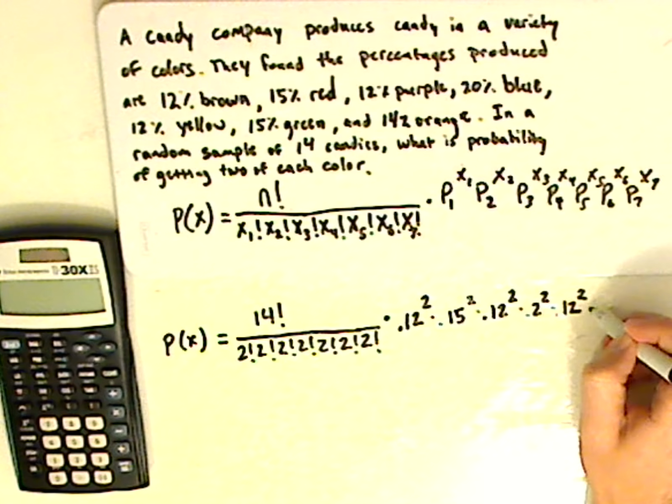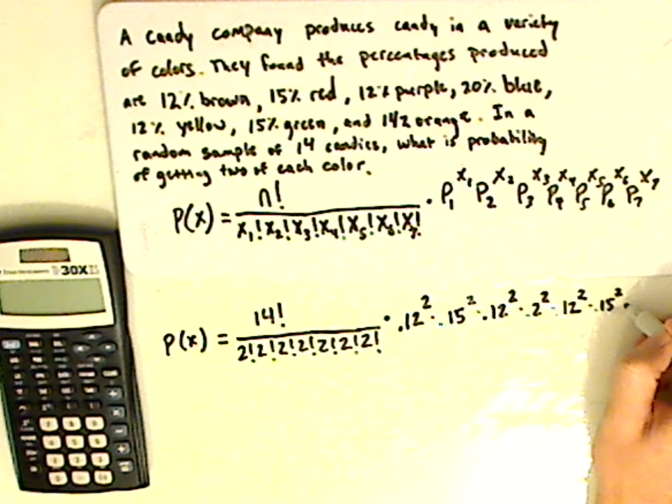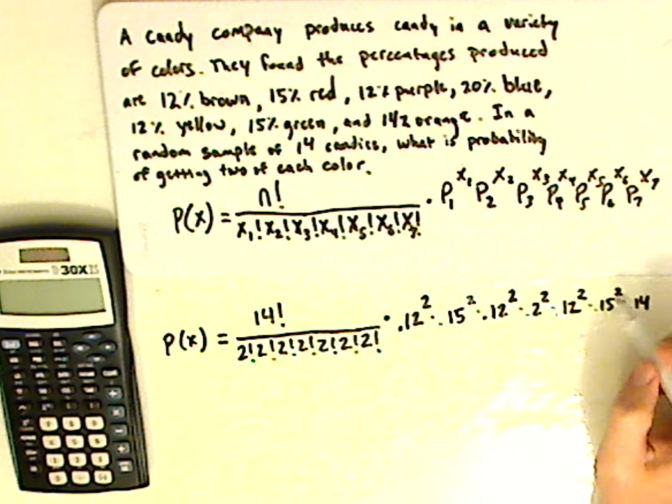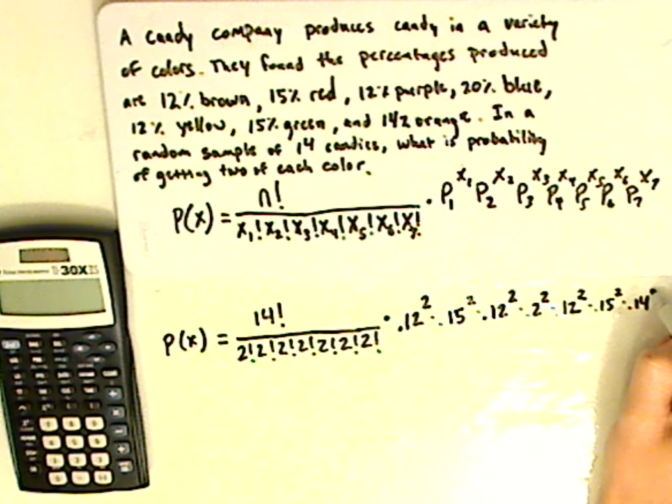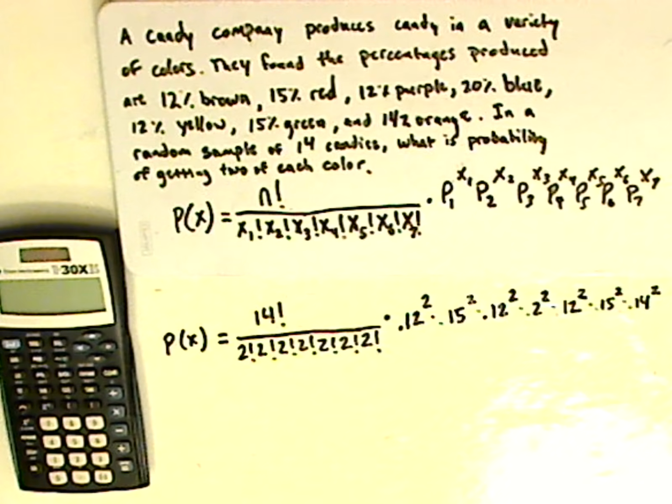Then I have green, 0.15 raised to the second power. And then I have orange, 0.14, because that's the probability of success in that category, raised to 2, because that's the number of ones that I want.